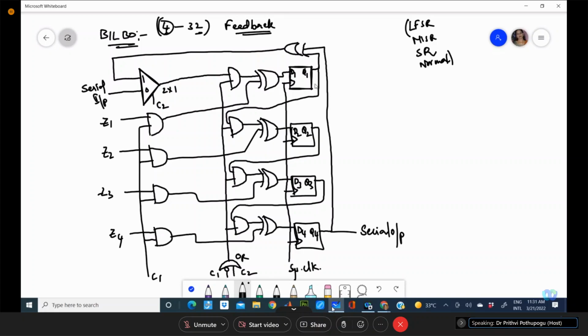D1 will be different from the D2, D3, D4 equations because only D1 has this feedback parameter. If I take this as feedback, F is the output name I'm giving. What is D1? Can anyone mention what is D1?